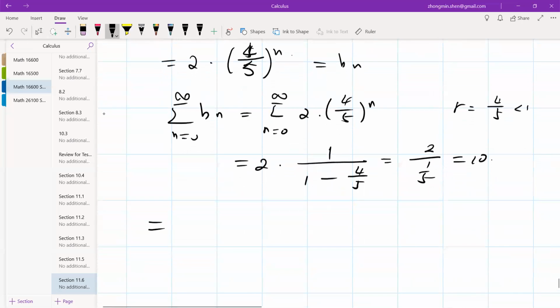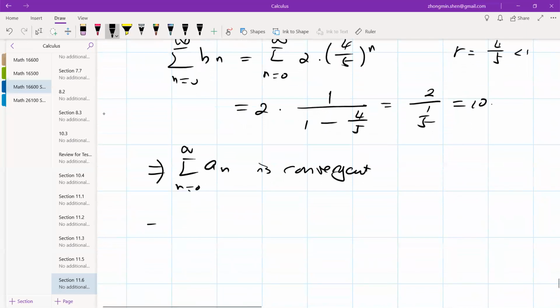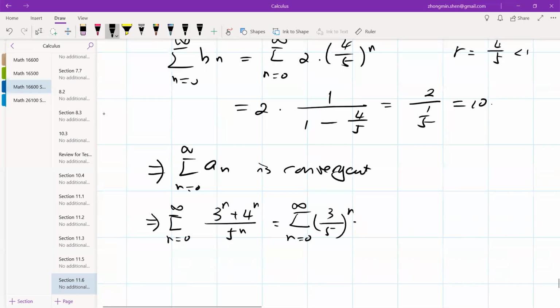So that implies the sum starting from n equals 0 is convergent. Now actually you can get it as a sum of these two series.